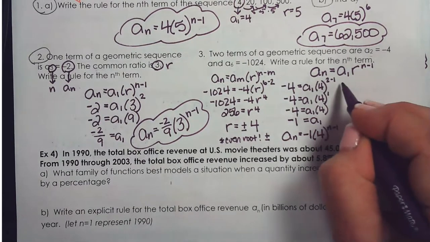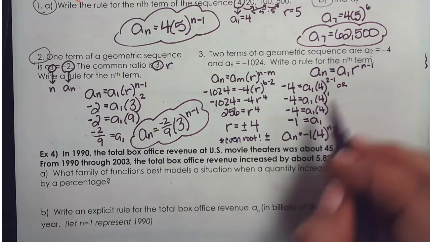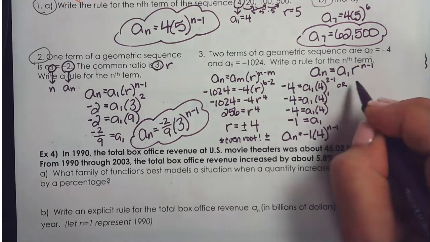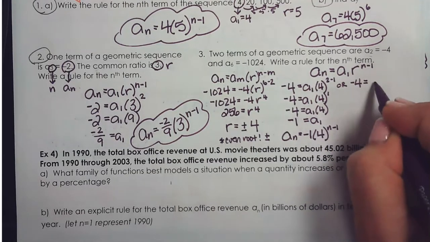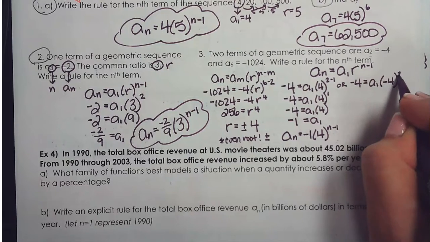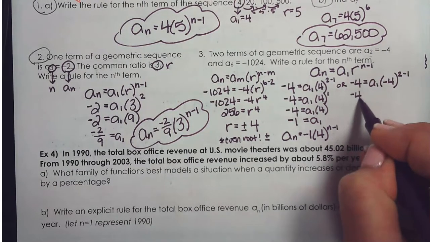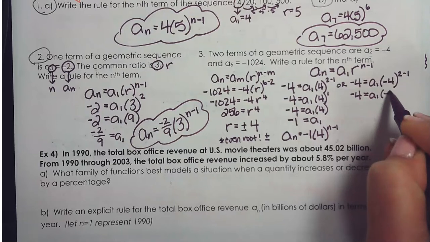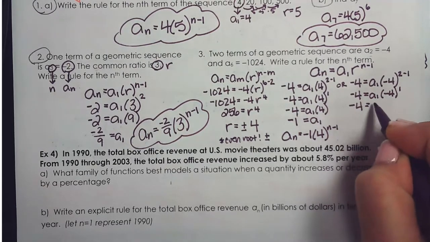But there was another possibility. The other possibility is that our r was negative 4. So again, we'll use negative 4 as the output equals a sub 1 times negative 4 to the 2 minus 1. And we can do this simplification. The exponent becomes 1.